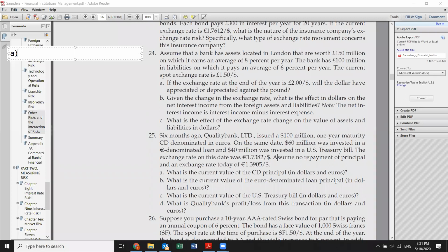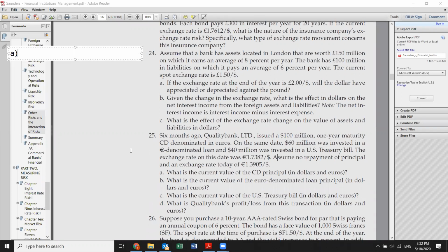So CD denominated in euro, they're asking what is the current value of CD principal in euro and in dollar. So in euro, because it was saying that $100 million was invested in euro, and on that date when it was issued, the exchange rate was 1.738.